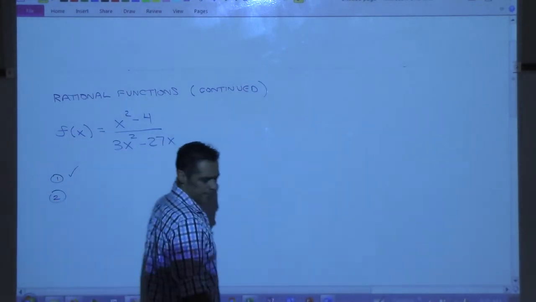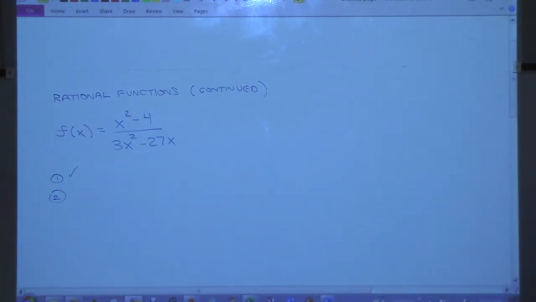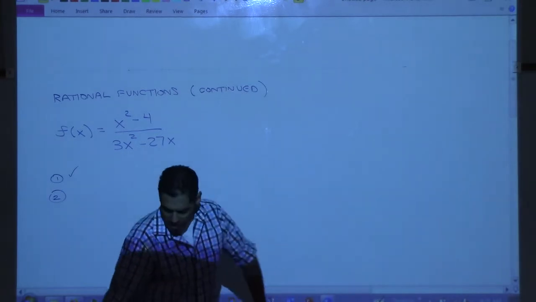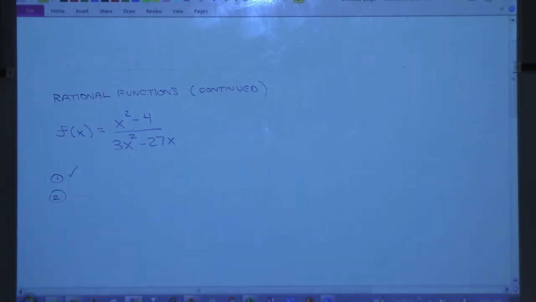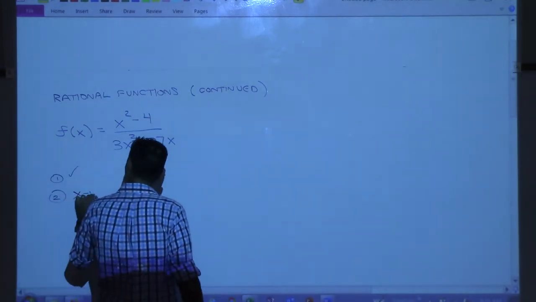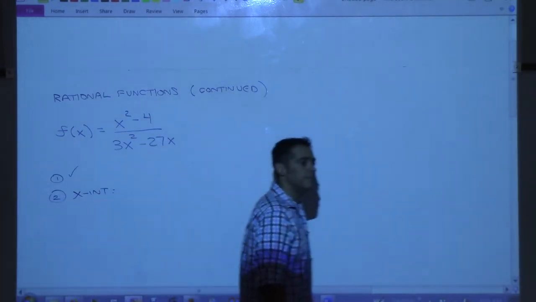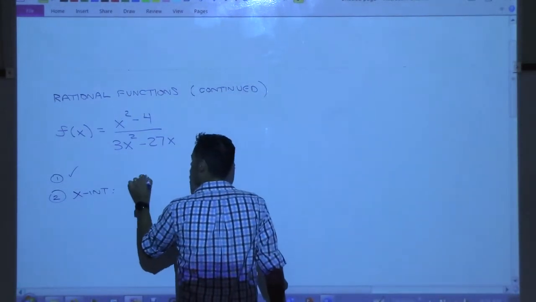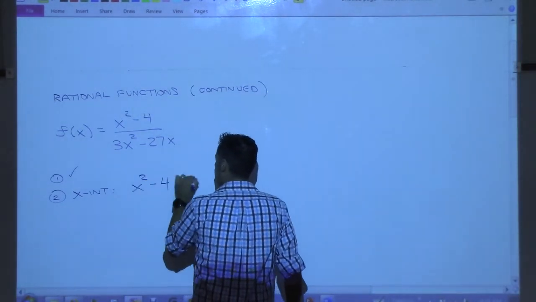Second step. Rodrigo. Second step. Okay, so if I'm going to find the x-intercepts for a rational function, I'm going to do what? Set the numerator equal to 0. Okay, Rodrigo, how would you go about solving that?